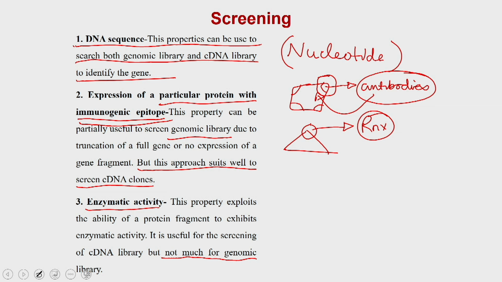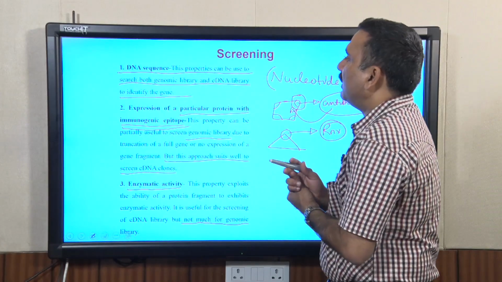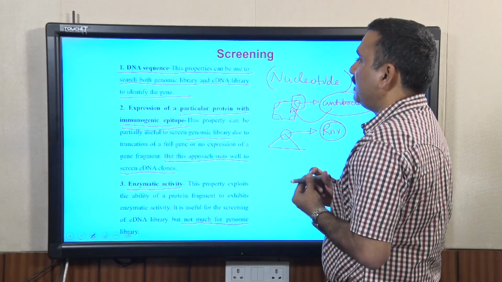So, while you can use any of these analytical tools, you can still get better results if you use antibodies for screening cDNA libraries, or enzymatic activity for the genomic library, whereas the DNA sequence is a generic approach. It can be used for screening both the genomic library as well as the cDNA library to identify the gene.